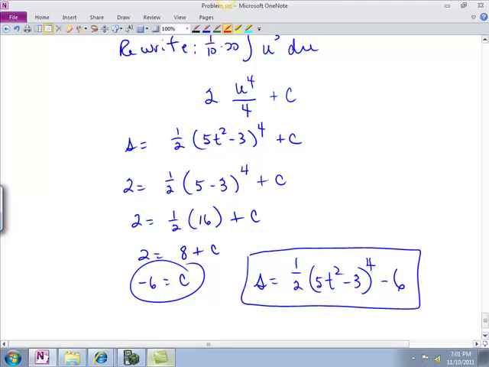So s of 1 equals 2 allowed me to solve for c, which allows me to go back in and put the c value right there. That's the only thing that was really different than what we've been doing. You were given it as a derivative to start with, and they gave you that little piece, s of 1 equals 2, so you could solve for c. Okay? Questions?